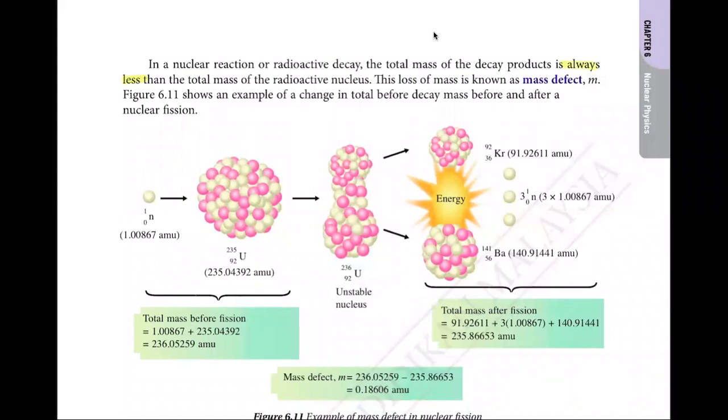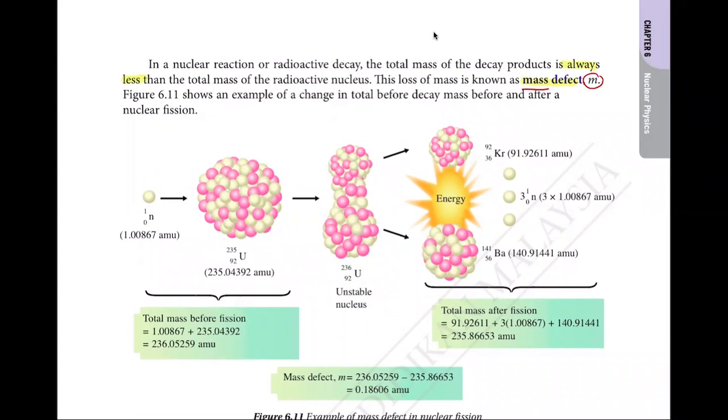This loss of mass is known as mass defect, and we will be using symbol M to represent mass. Now the figure shows an example of a change in total mass before decay and after a nuclear fission.